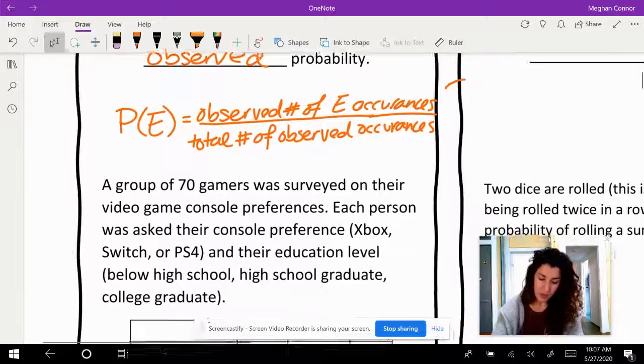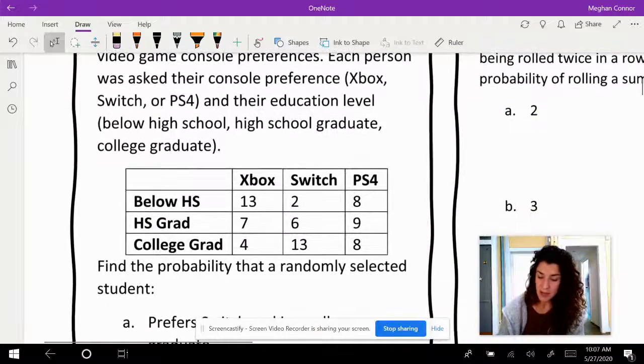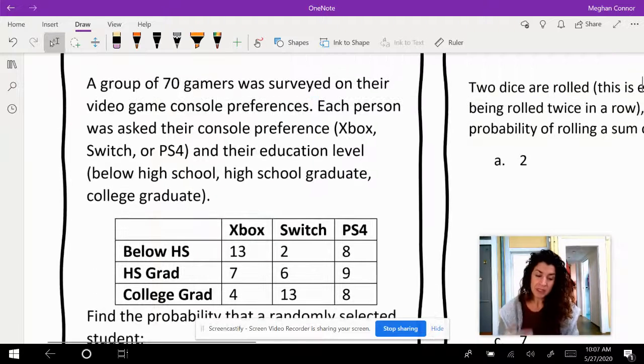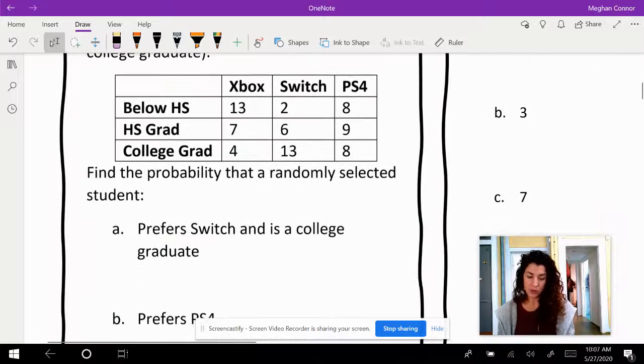Okay. So if we were to go down here, this is a very typical way for experimental or empirical probability to be presented to you, in a table. It says that 70 gamers total were polled on their video game console preferences. Each person was asked their console preference and their education level, and then you can see the results: below high school, high school grad, or college grad, Xbox versus Switch versus PS4.